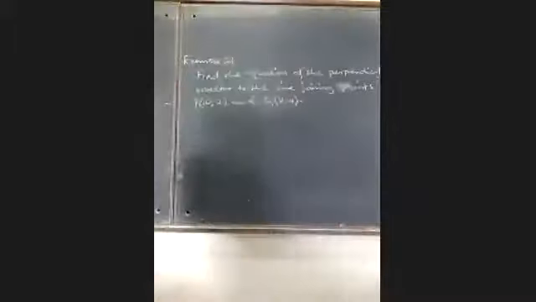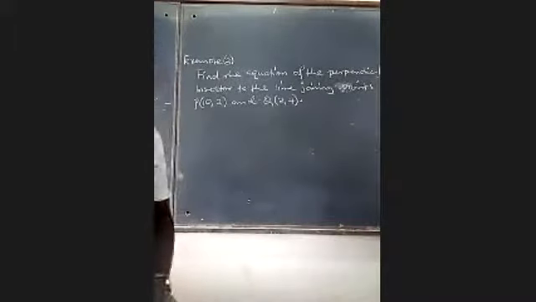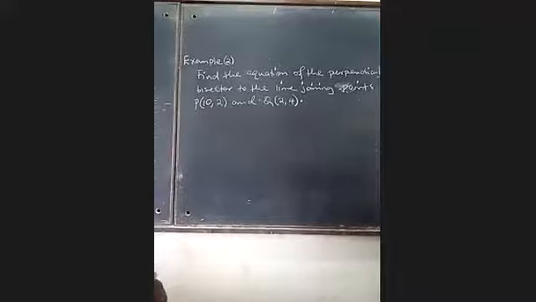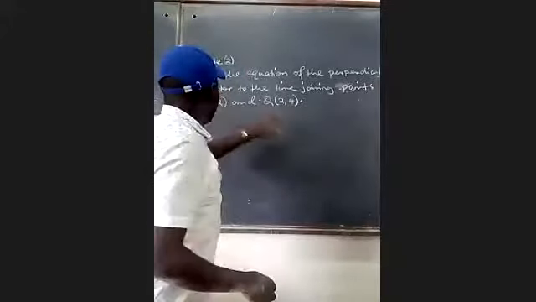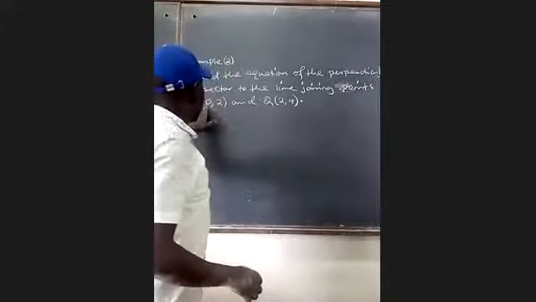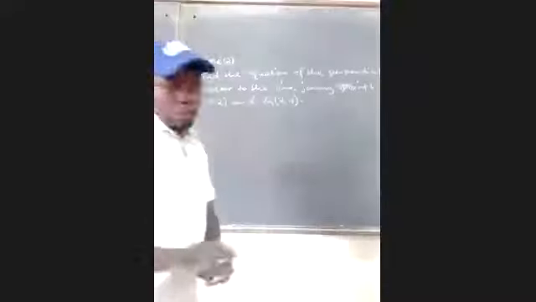Are we there, people? The question is there. Find the equation of the perpendicular bisector to the line joining points P 10, 2, and Q 2, 4.